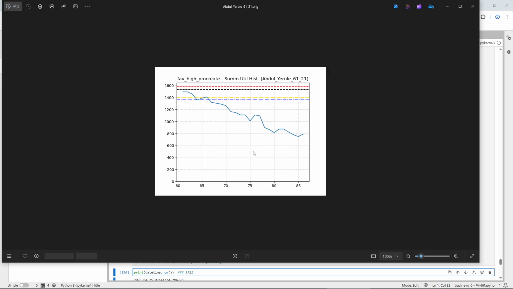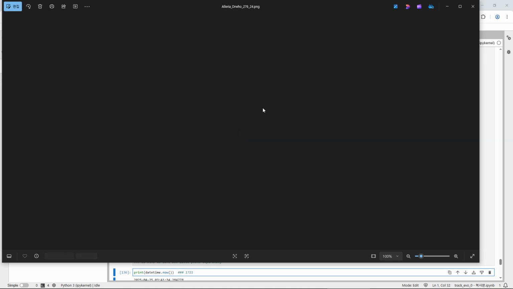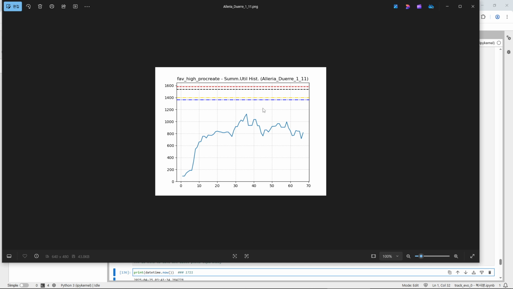See, all of them are just going down and down and down. These were also very interesting bumps, but they go down nonetheless, because I think they're not given enough time, or there are no mechanisms for them to change other than through mutation.